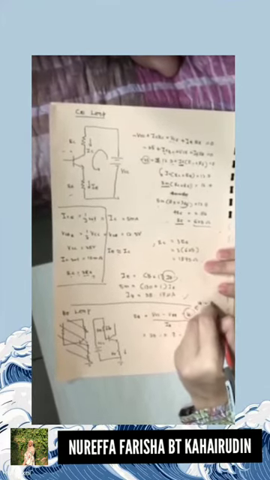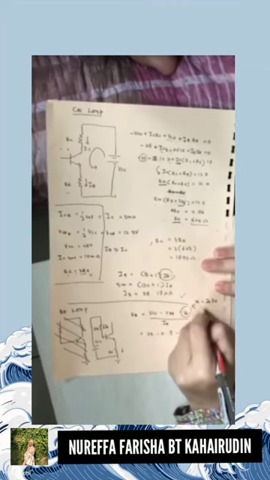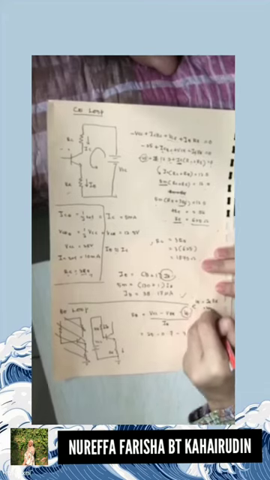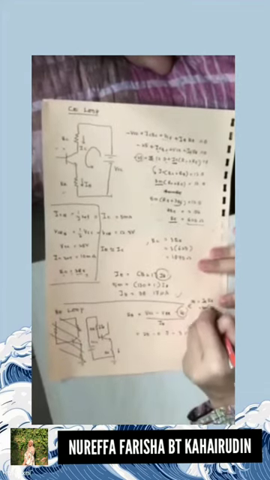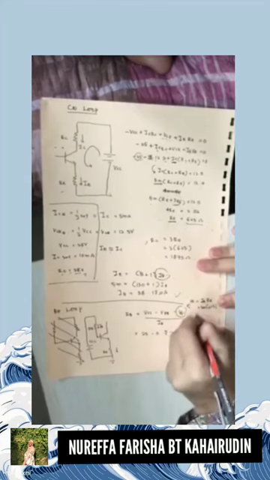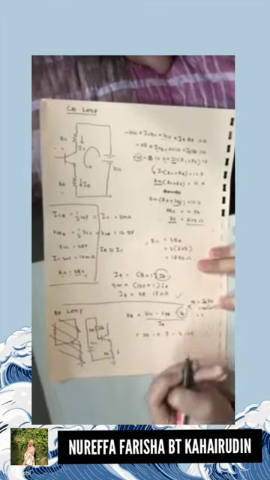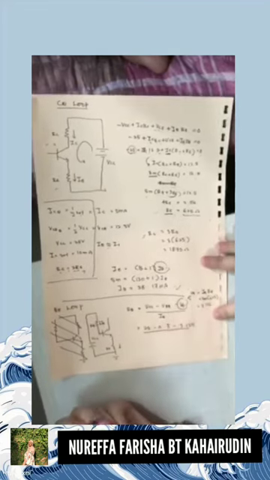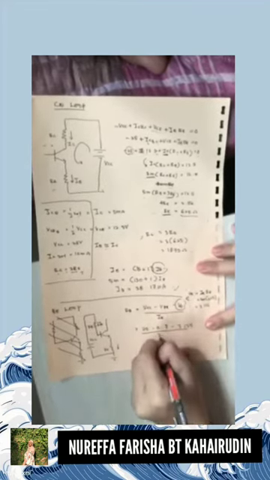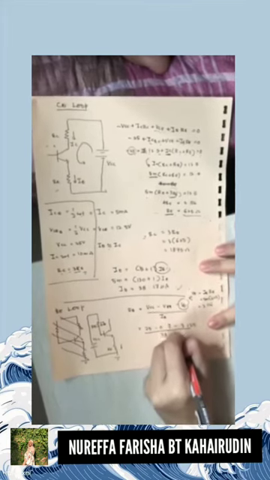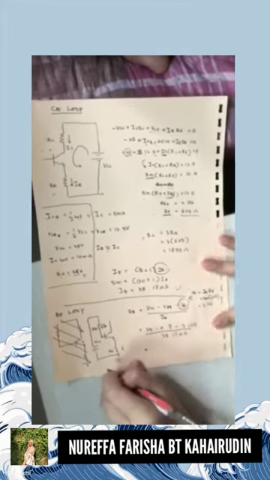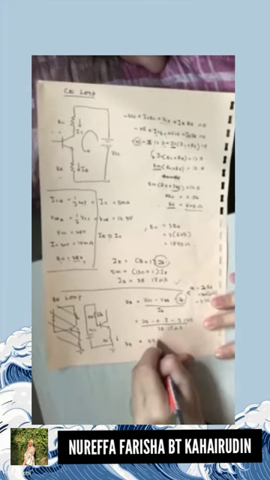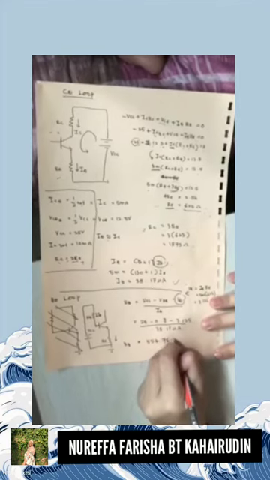VE is equal to IE RE. So IE is 5 milli, and RE is 625 ohm. So we get 3.125. So over IB, which is 38.17 microampere, and RB is 554.76 ohm.